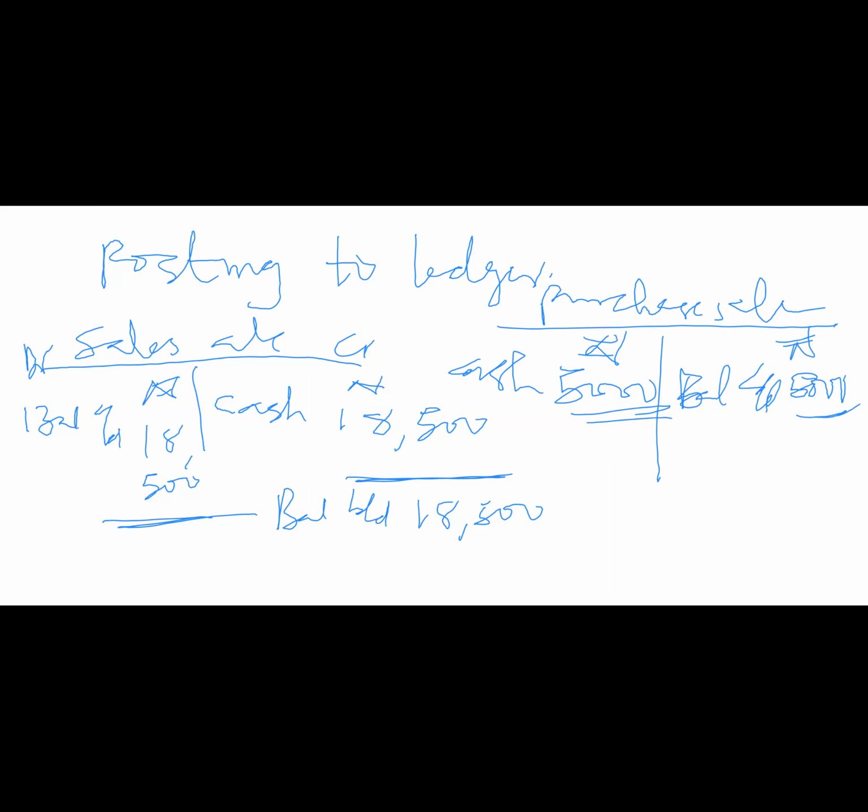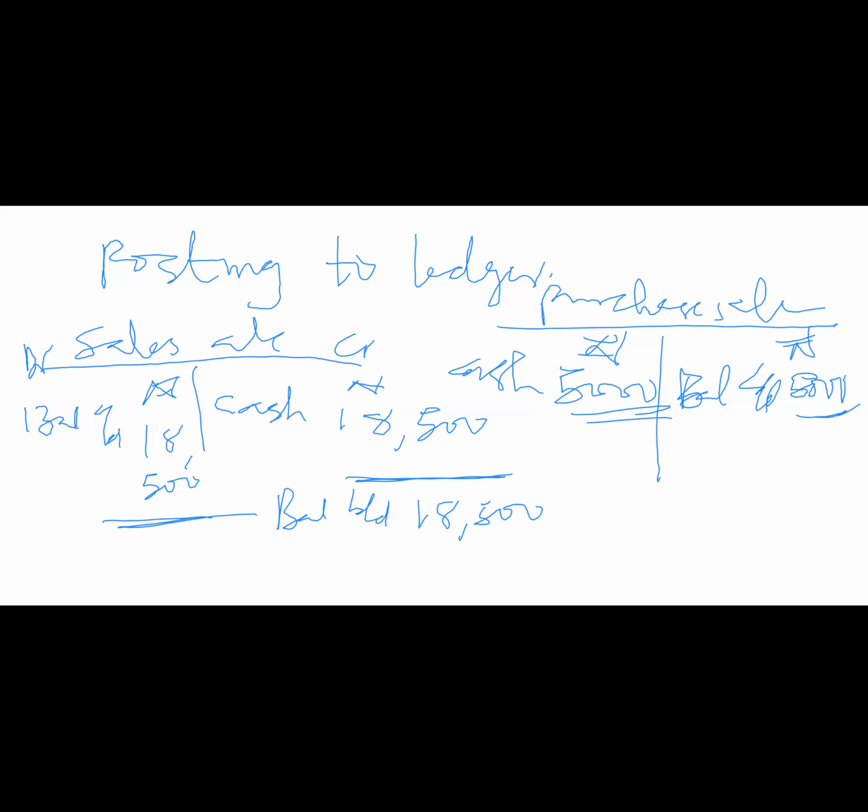Let me tell you another secret. After preparing your cash book and you are trying to prepare your ledger, all the items on the debit side of the cash book will go to the credit side of whatever ledger accounts you are preparing. That means all the items on the credit side of the cash book will come to the debit side of the ledger accounts.